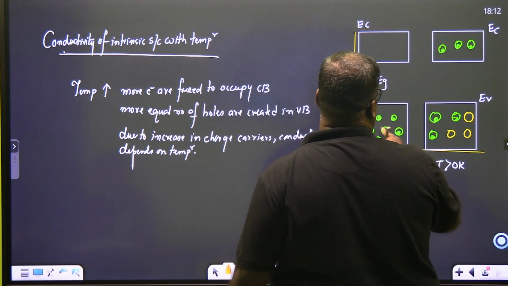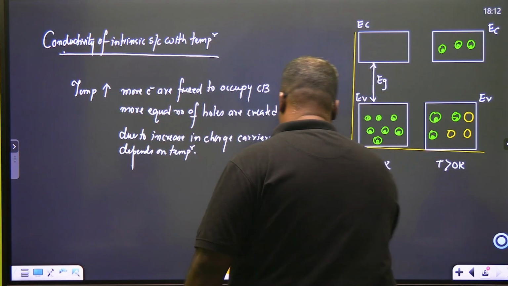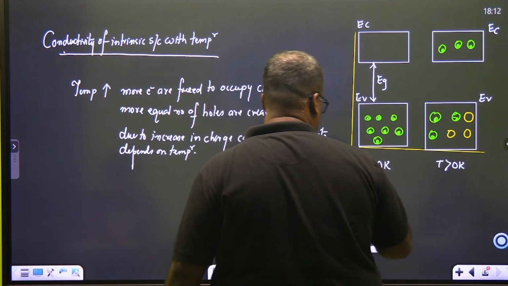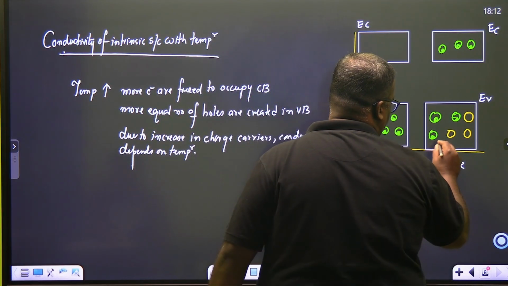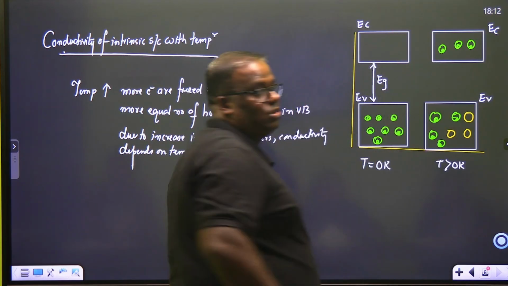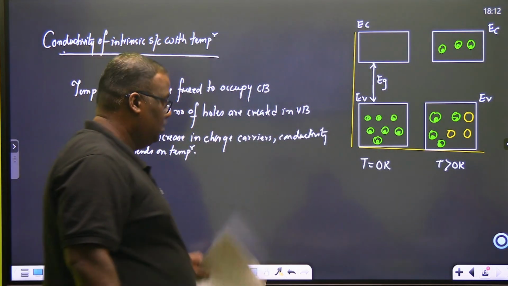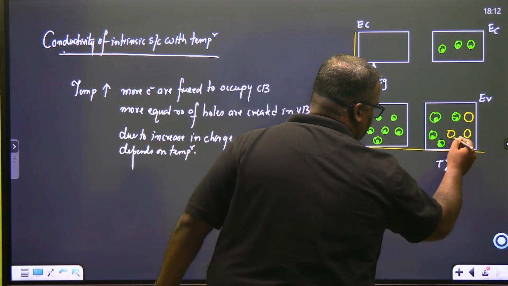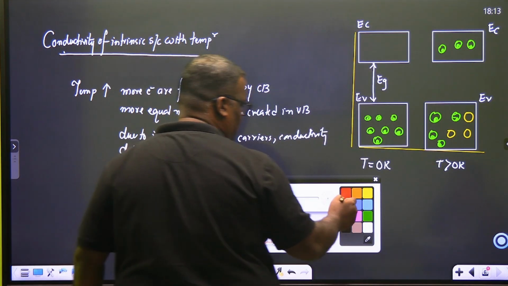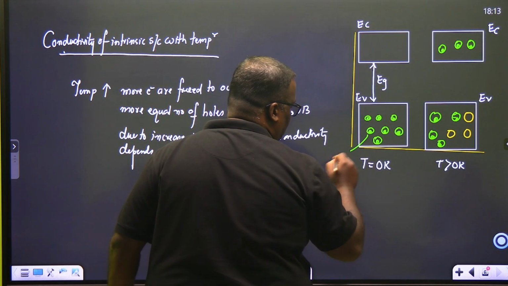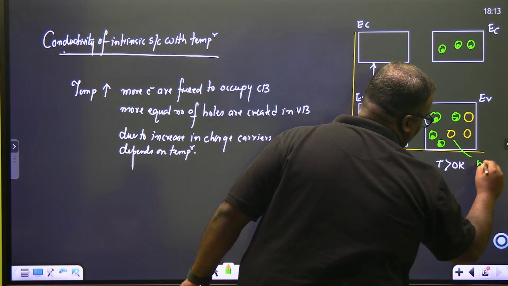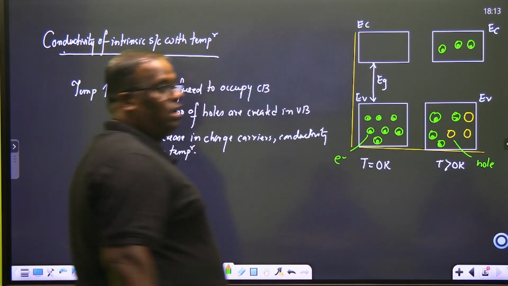So 1, 2, 3, 4, 5, 6, 7, and 1, 2, 3. These 3 electrons jumped and these 3 holes were created. That is for your illustration. This is your electron and this is your hole. Now is it clear from the diagram?